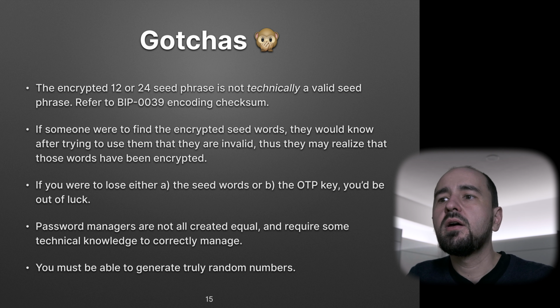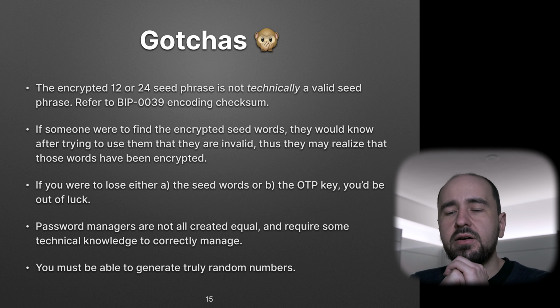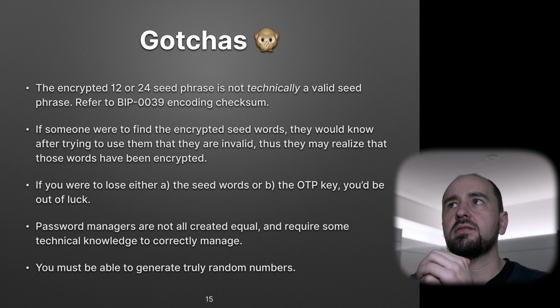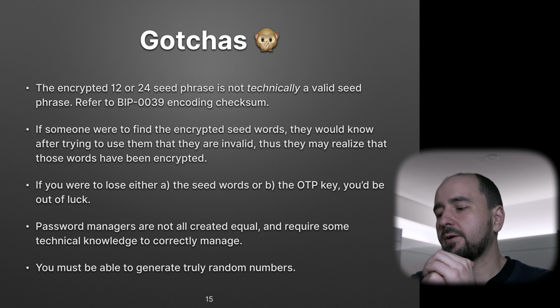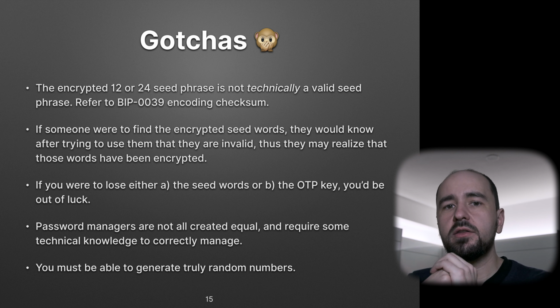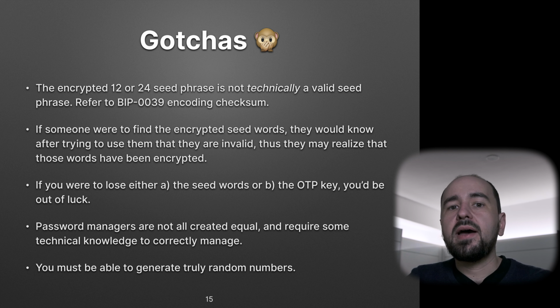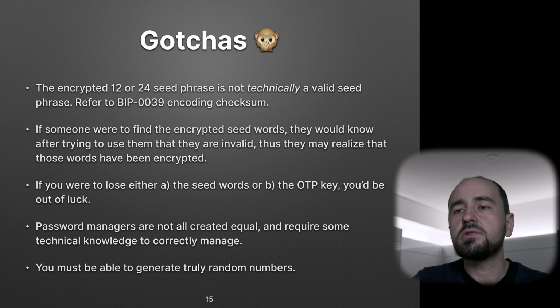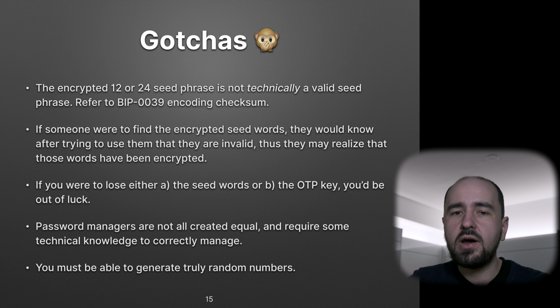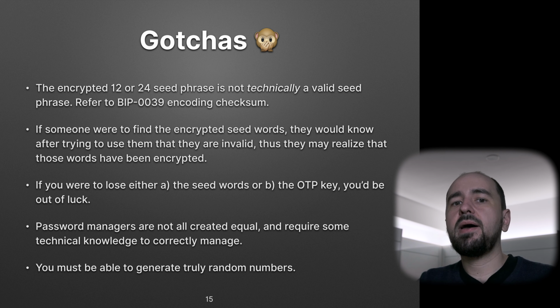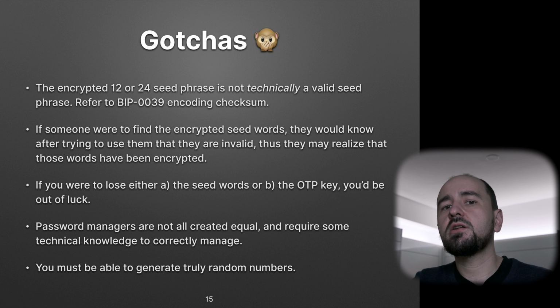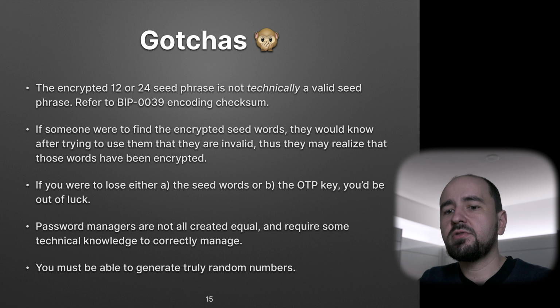And one more note, I refer in the documentation to this as a sort of multi-factor auth. The reason I call it that is because if you imagine the one-time pad key as just a random string that you don't know, you have a copy of it because it's stored in a password manager, but you don't actually know the string. You do, however, know the seed words.